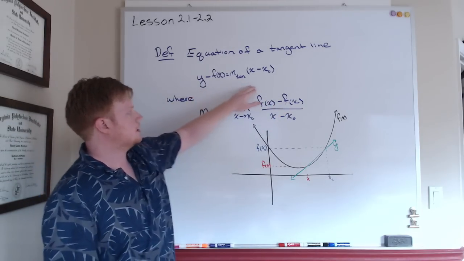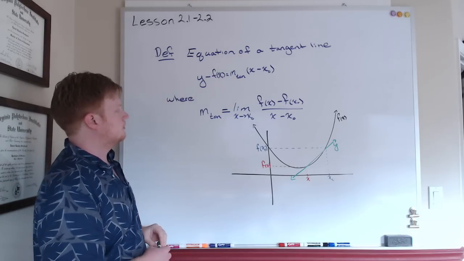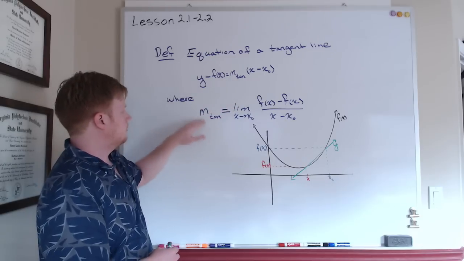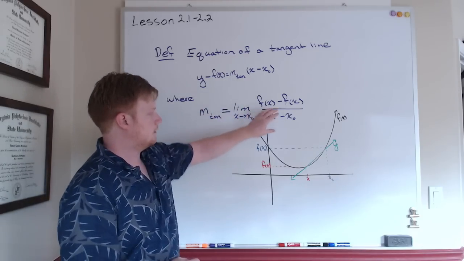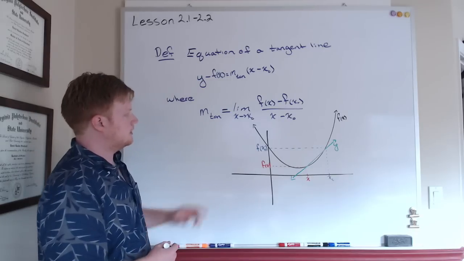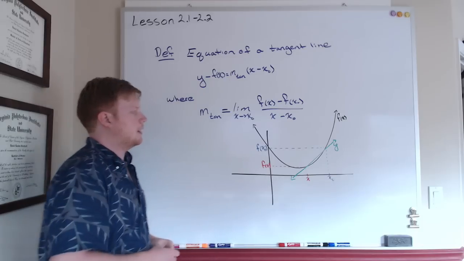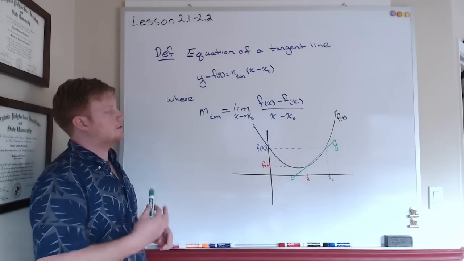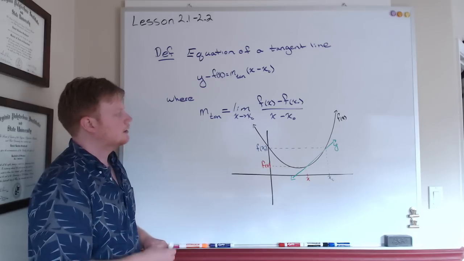Notice that the equation is the equation of a line, in this case in point-slope form. And the slope of the tangent line comes from a limit definition. It's defined as the limit as x approaches x naught of f of x minus f of x naught over x minus x naught.